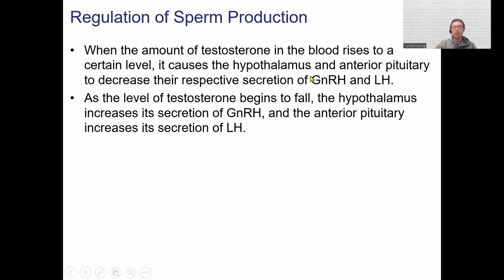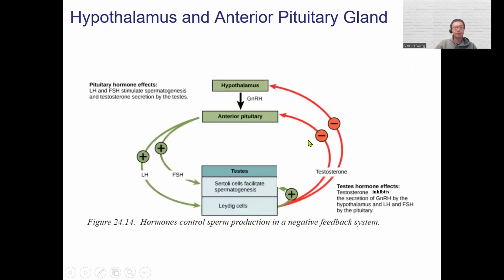You don't need to make more, so you have a negative feedback there. As testosterone levels begin to fall, you lift the negative feedback and increase GnRH secretion again, which leads to LH increasing once again. So it's the same kind of delicate balance that you see in the female reproductive system.